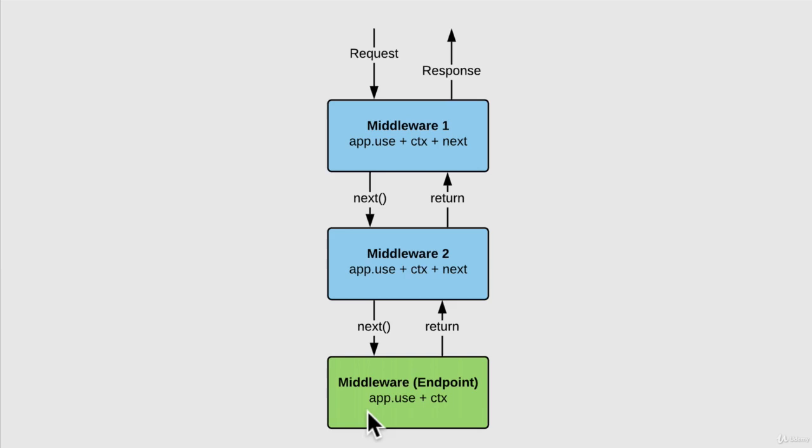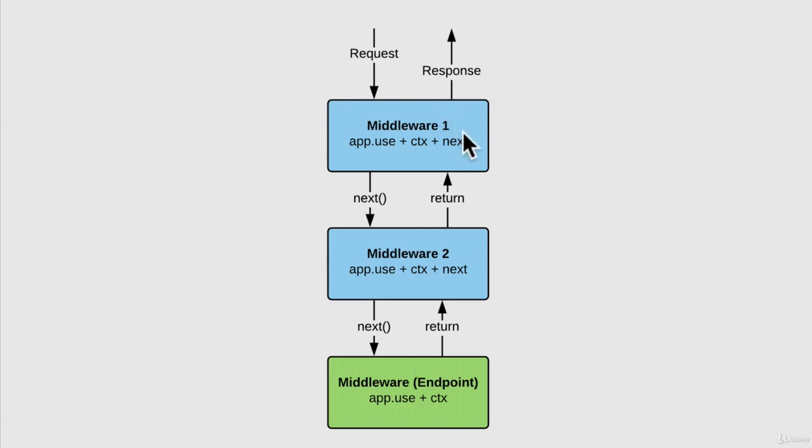It usually sets the response body and returns the flow back to the middleware above it. So our second middleware continues executing until it returns, and our context trickles up from the bottom back to the top until all of our middleware has executed and we have our response ready to send back to the client.